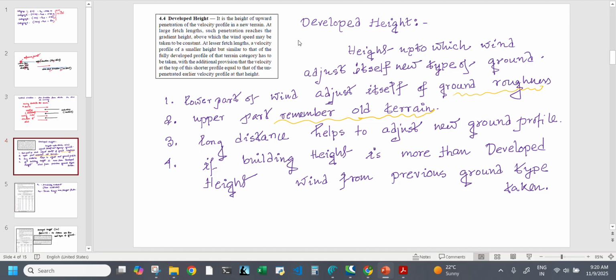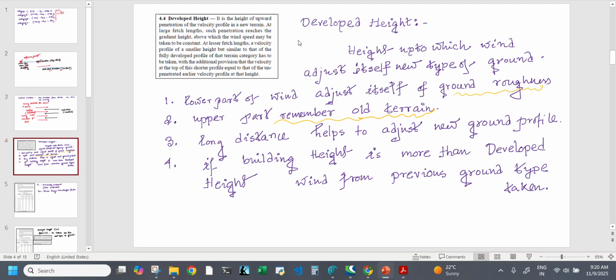So wind up to a certain height will adjust itself to the new type of ground. When wind is flowing over terrain category 1, it is in the mode of terrain category 1.